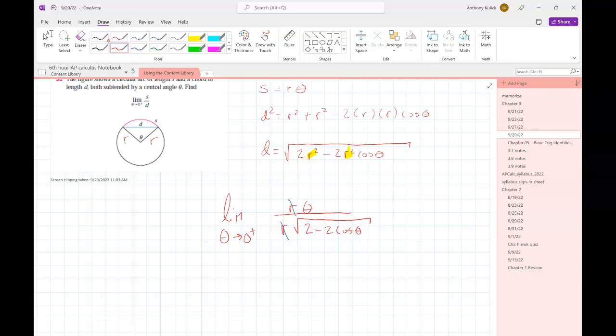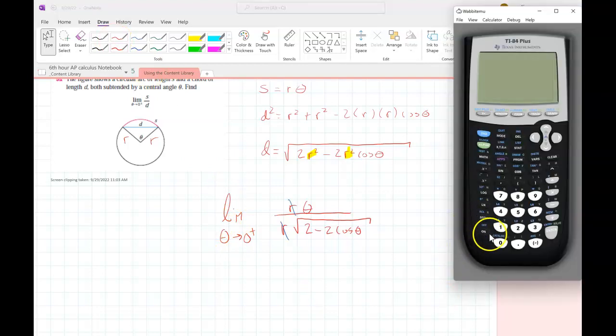Well, I mean, we could evaluate this with a table, sure. Use the calculator. That's not an unreasonable assumption to make. Let's go ahead and do that, I suppose. That's not an unreasonable suggestion. So I'm going to use x's for thetas.